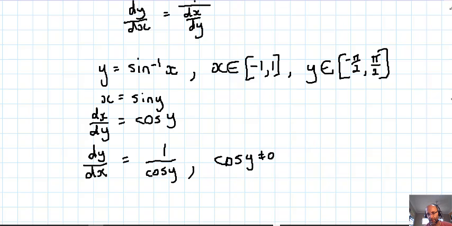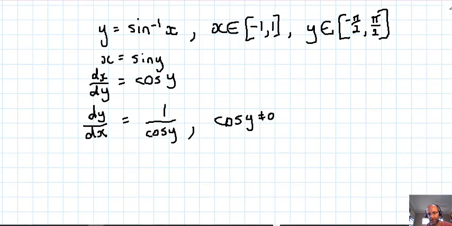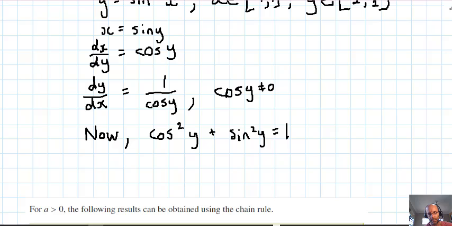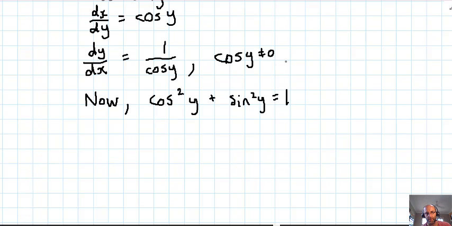Now we use the Pythagorean trigonometric identity: cos squared y plus sine squared y equals 1. So I can make references to these soon, I'll call the first result 1, and the identity result 2.